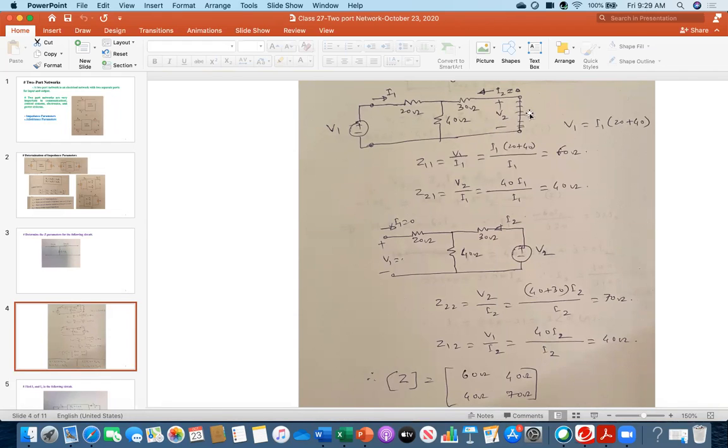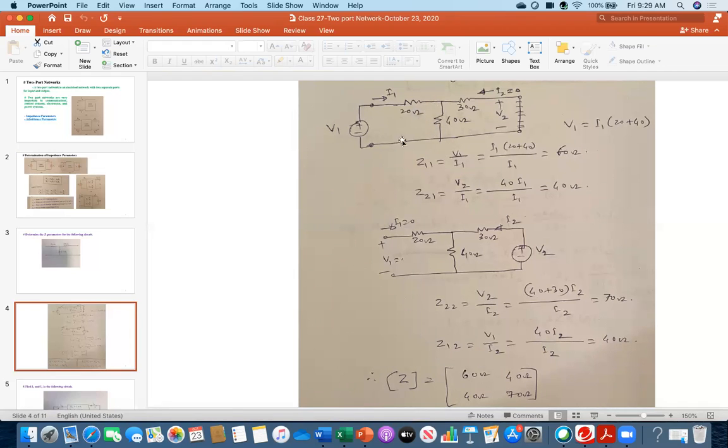Everybody say, because this one is open, no current is flowing through the 30 ohm, right? So you can neglect it. You don't need to take 30 into account because no current is flowing. Then these two are in series, 20 plus 40. So your impedance is 60 ohm.